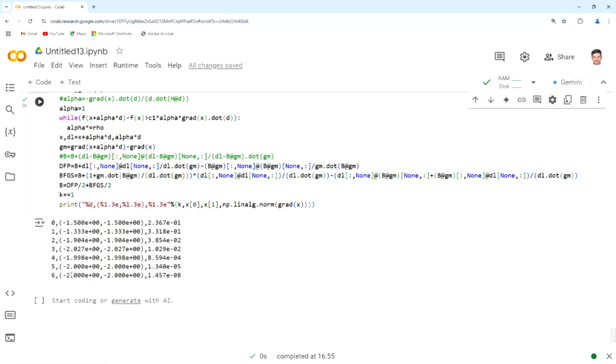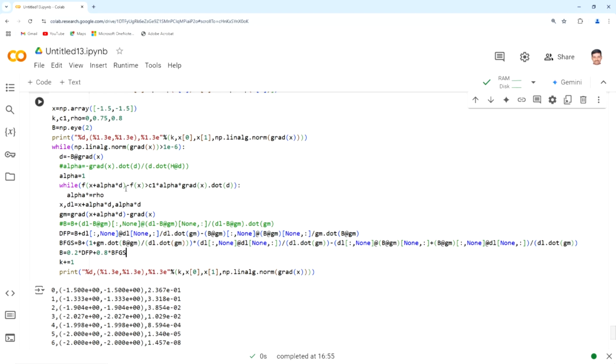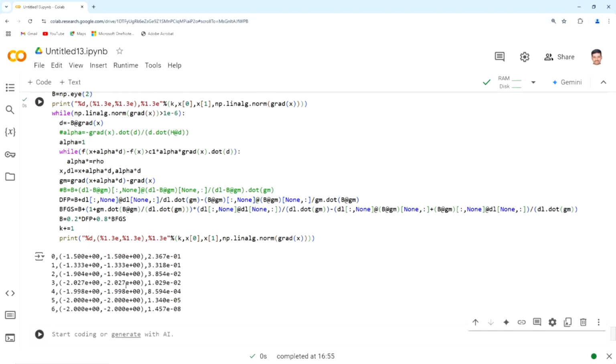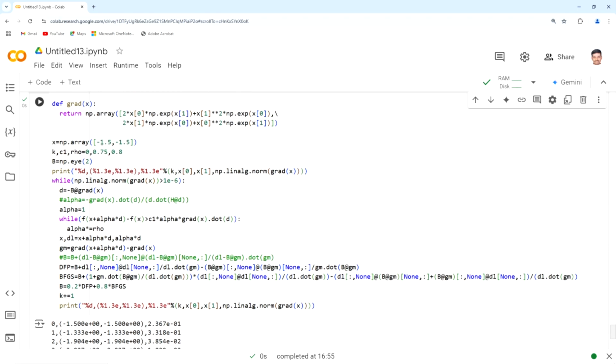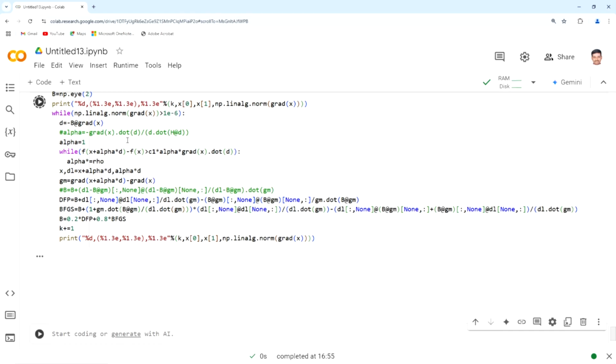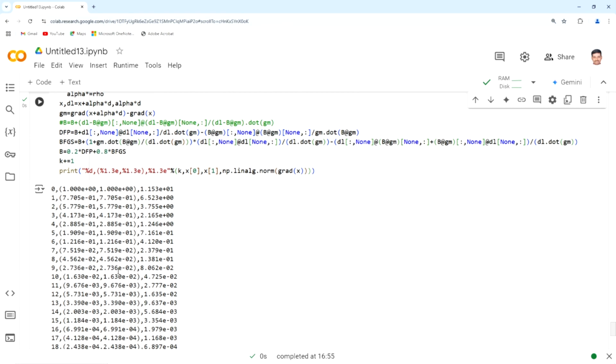It goes to the saddle point minus 2 comma minus 2 when you put DFP by 2 plus BFGS by 2, and for example if you put 0.2 and 0.8, there as well. For minus 1.5 minus 1.5 the result is the same, you are converging at the saddle point, but if you start let us say at 1 comma 1, in 31 steps you converge to the correct solution 0 comma 0.